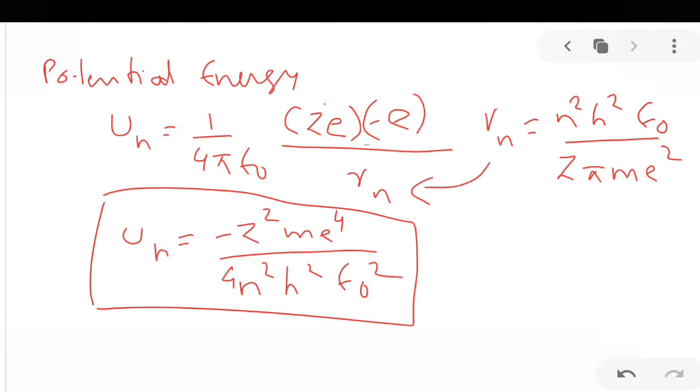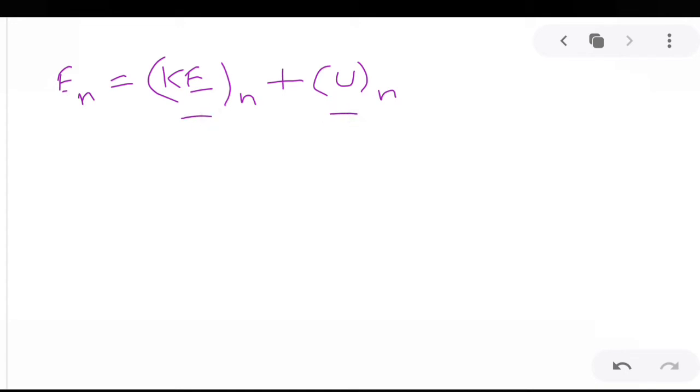So what will be the expression for total energy? Total energy of electron in nth orbit is equal to kinetic energy of electron in nth orbit plus potential energy of electron in nth orbit. These two values we have already calculated.